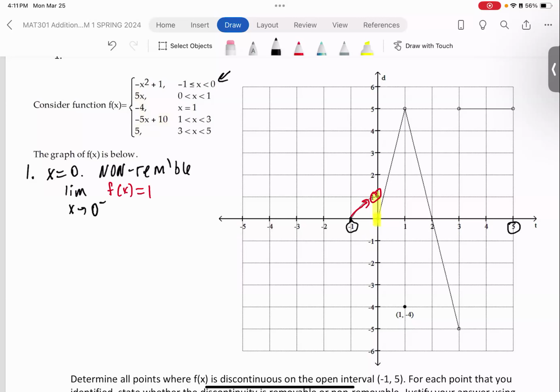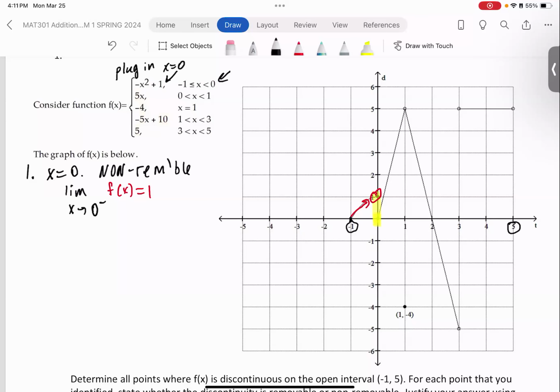How would you know? If you plug in 0, it'll be 1, because 0 squared is 0 plus 1 equals 1. Absolutely. Once you substitute 0 in the left side, you're going to get 1. You want to make those connections between geometry and the definition of the piecewise function.